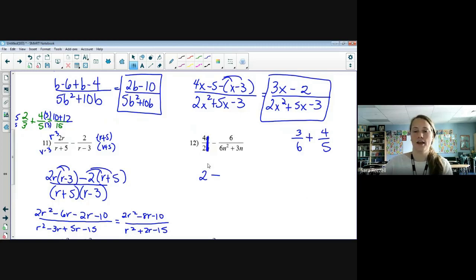They all have a 3 in it. So I'm going to divide all of these terms by a 3. If every single thing has got a number in it in your fraction, you can just divide that out of all of them. So that's going to be a 2. This will be a 3n squared plus n.